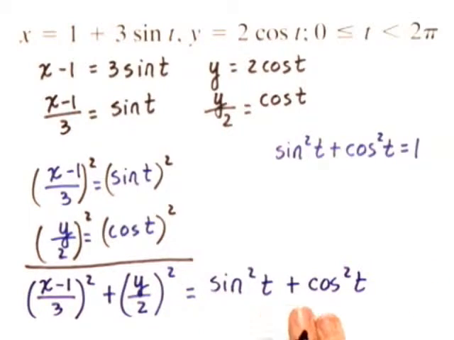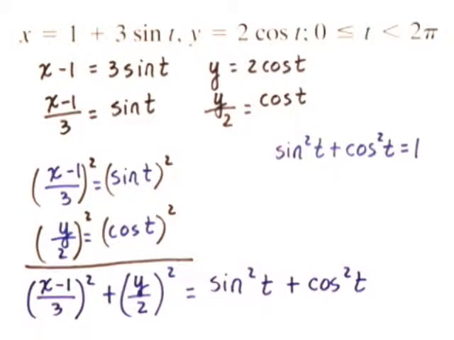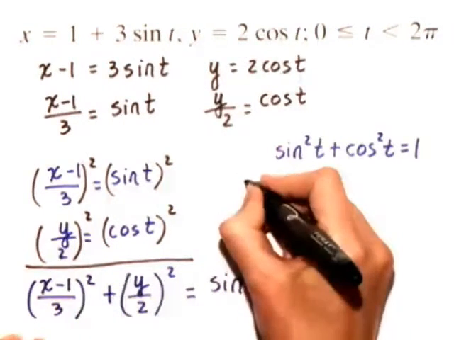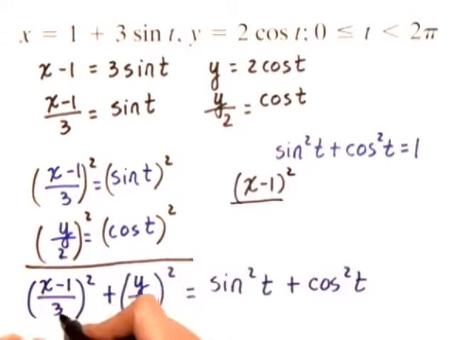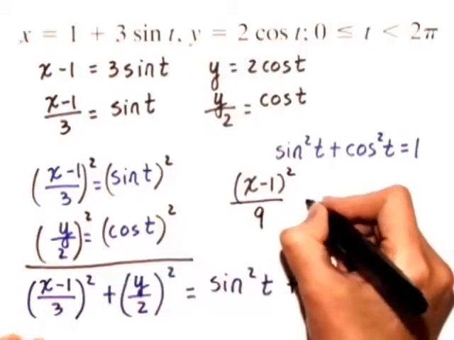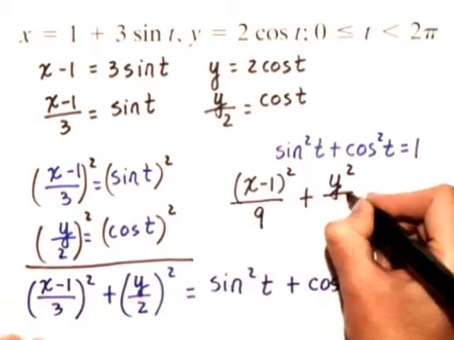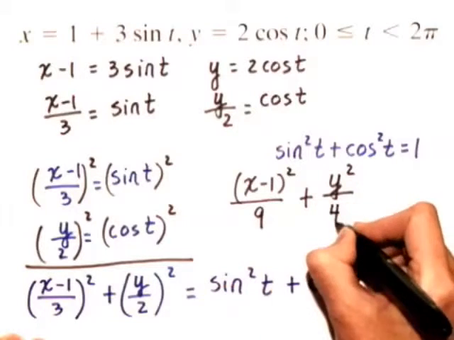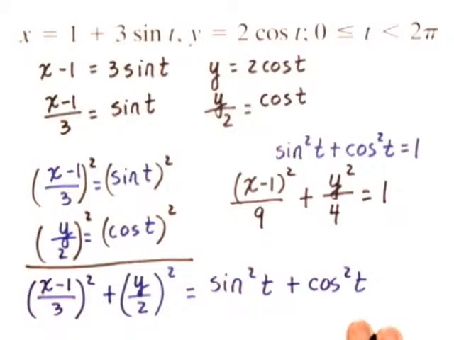But notice sine squared t plus cosine squared t is just 1. So now I can write this equation. On the left-hand side, I'm going to write (x minus 1) squared over 3 squared, which is 9, plus, for my second term, y squared over 2 squared, which is 4, and that's equal to, we just said, 1.